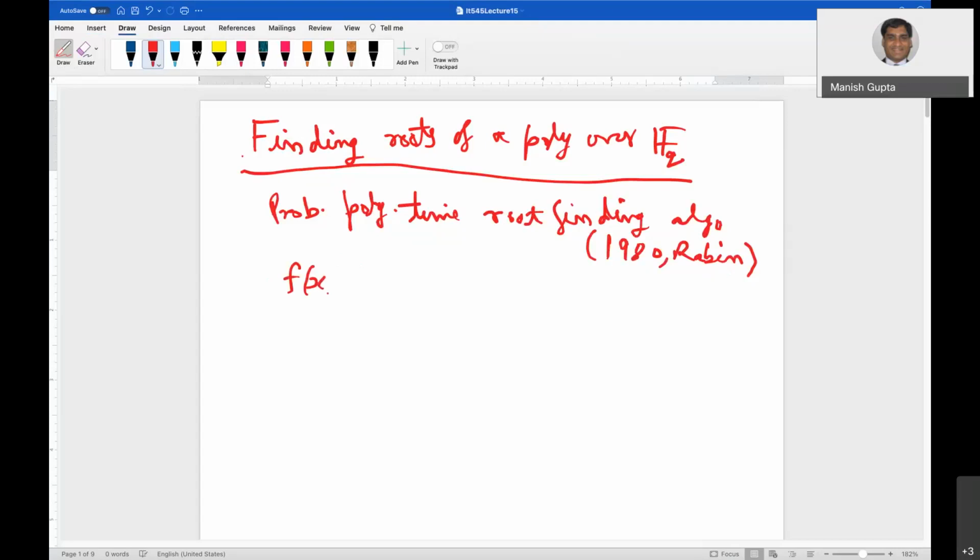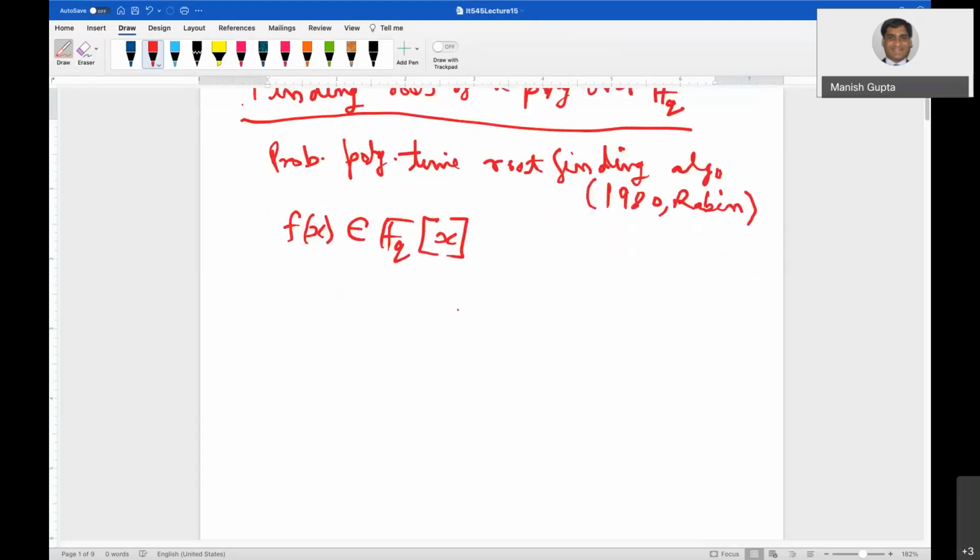f(x) is a polynomial in F_q[x], and I have to find the roots of this polynomial f(x), right? So what could happen?